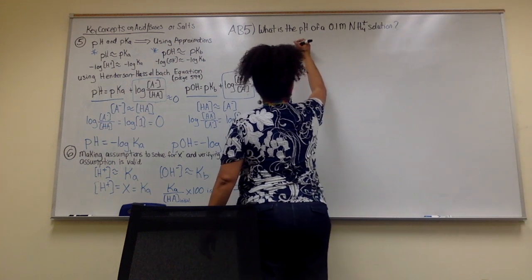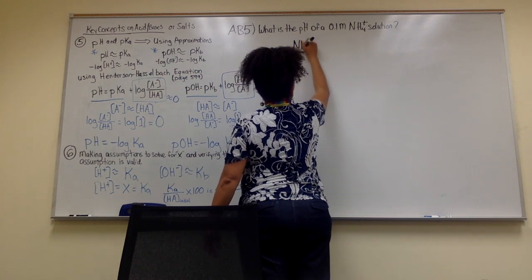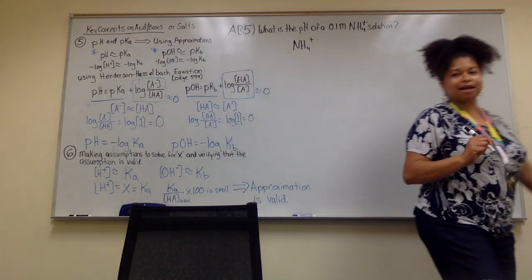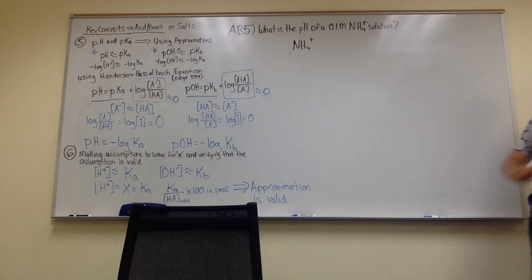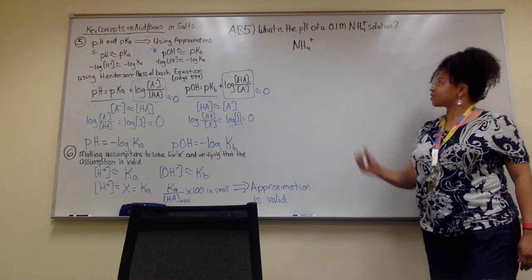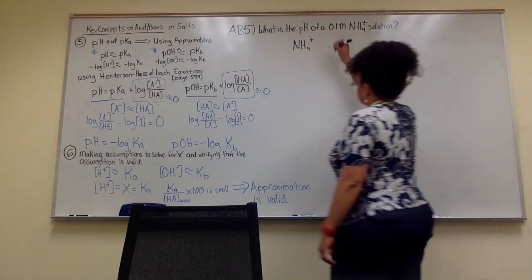Let's go ahead and start with our reaction first. Our reaction would be starting with NH4 plus, sort of like hydronium ion is H3O plus. This is just ammonium ion. So there's acid in here because there's an extra H that's present.